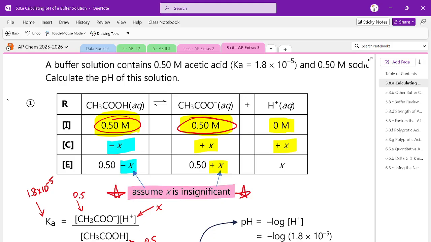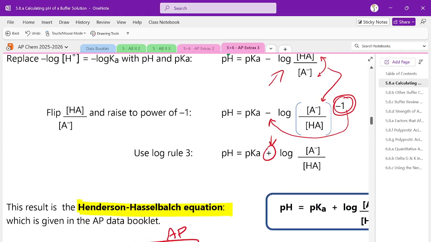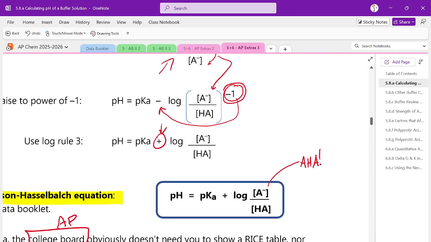I'm saying that you can save yourself some time and do it using the Henderson-Hasselbalch equation, because that's a lot less work than showing the rice table and saying assume x is insignificant, and you end up with the same value. They're obviously okay with you using that equation because they've given it to you.